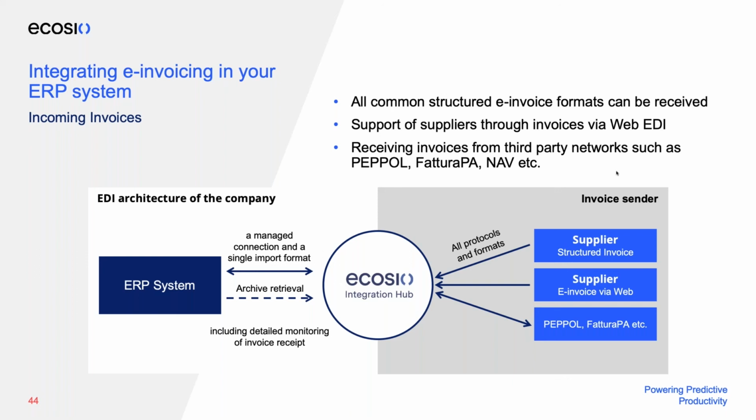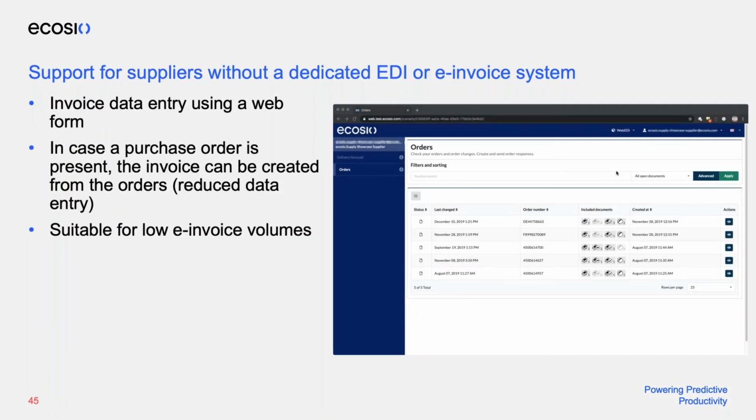What to do with suppliers who do not support structured e-invoicing? Well, there's also a choice there. It's using a web interface. In that case, invoice data entry is done using a web form. Typically, you would also provide your supplier with a structured purchase order, because using that purchase order, the supplier can semi-automatically generate the necessary invoice information.